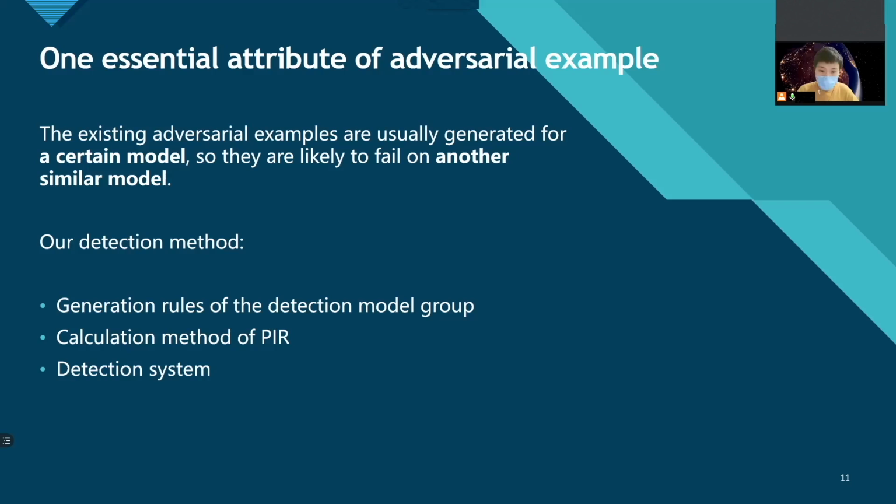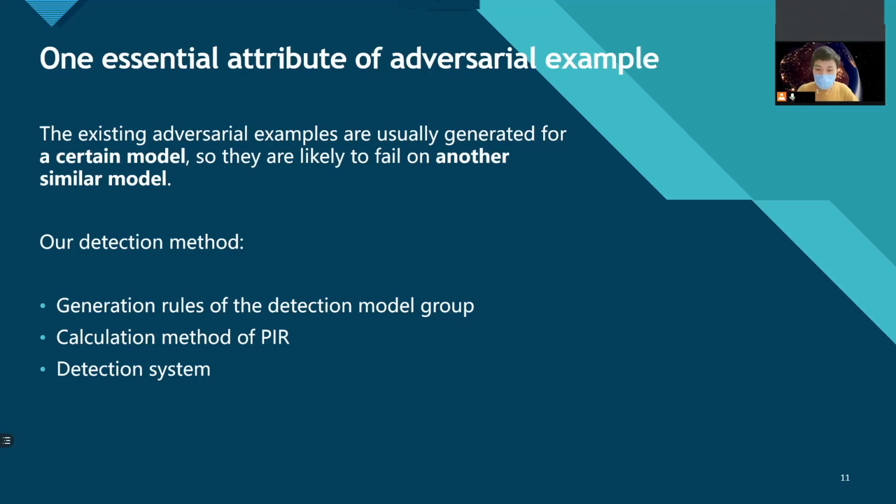Our approach finds these models to eliminate the effects of transferability. Then we use the prediction inconsistency of each model to get the detection results. It also depends on the reinforcement design of the detection system.